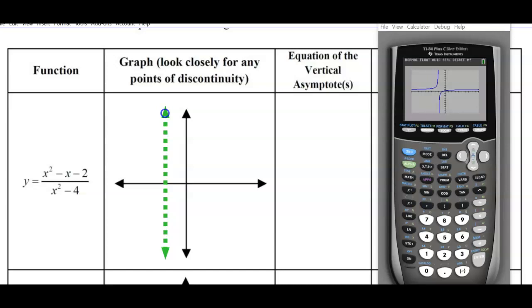You can tell there that the x-intercept is -1. You can tell that the vertical asymptote is x equals -2. Horizontal asymptote looks like it's at 1, which makes sense from our previous asymptote knowledge.